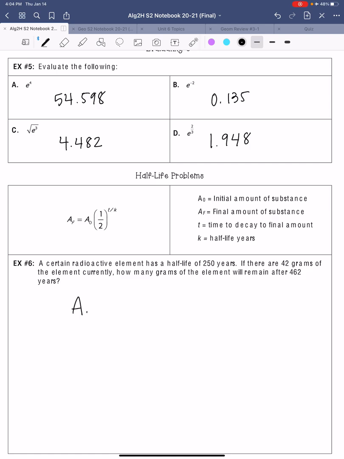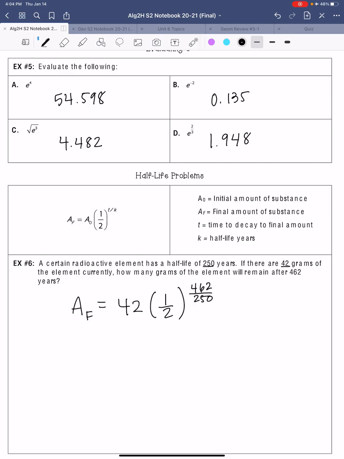So our final amount is equal to our original amount that we're starting with, which is 42 grams. So we're going to have 42 times 1/2 raised to our time. We want to know after how many years? After 462 years. So we have 462 over the half-life of this element, which is 250.